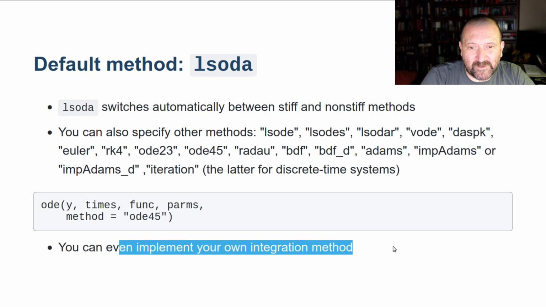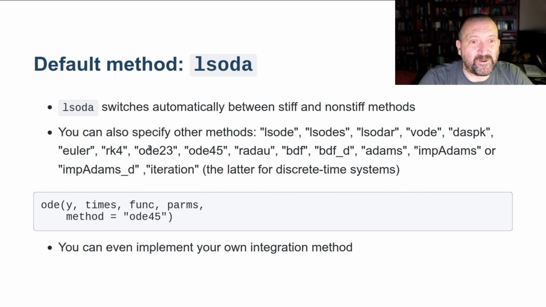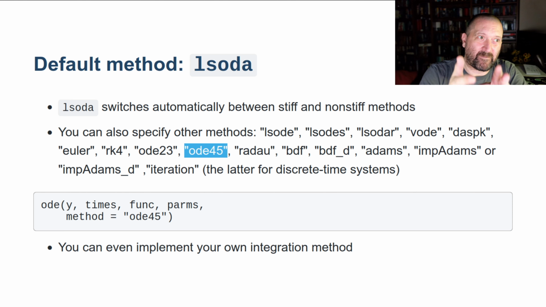And as I pointed out before, you can even implement your own method. You could devise something that would be called ode 8.7 or something like this, or 7.8. If you wrote the code and did so in a way that functions with deSolve, then you'd be able to use it as a method.